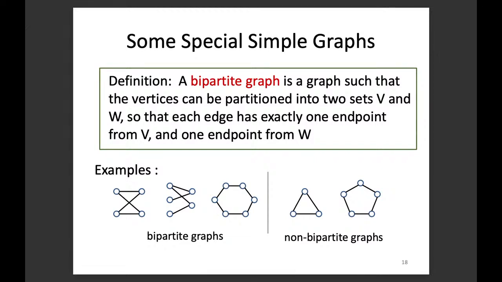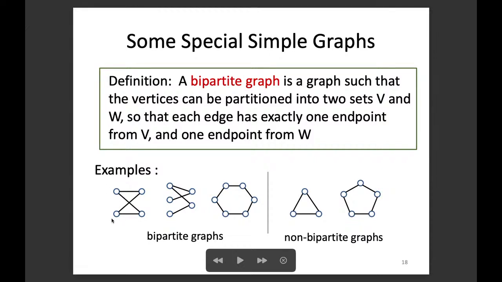It means that the vertices of the graph can be separated into two groups, let's say one group is the white vertices and the other group is the black vertices, such that there is no edge between vertices from the same group. In other words, any edge that you see must be joining vertices from different groups. So this is an example of a bipartite graph.